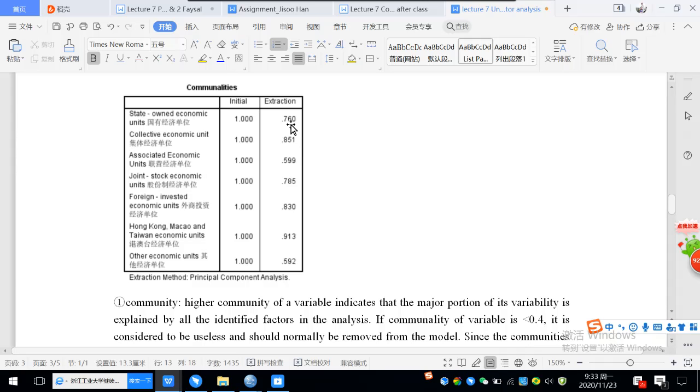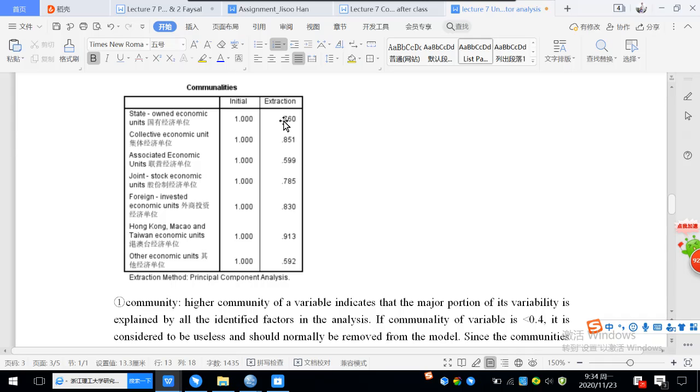Here it shows 0.76, so that means 76% of the information can be explained by the factors we extracted. So a higher communality of a variable indicates that the major portion of its variability is explained by all the identified factors in the analysis.